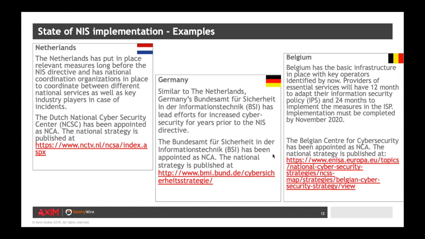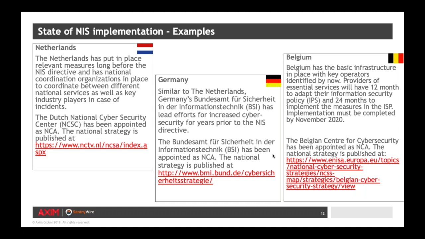quite a while, way before the NIS directive even was passed. So the Dutch NCSC has been quite active, and it has quite actively been coordinating across all of the different services, but it has also been quite active in reaching out to the industry and to enterprises within the Netherlands and working with them in a proactive fashion.